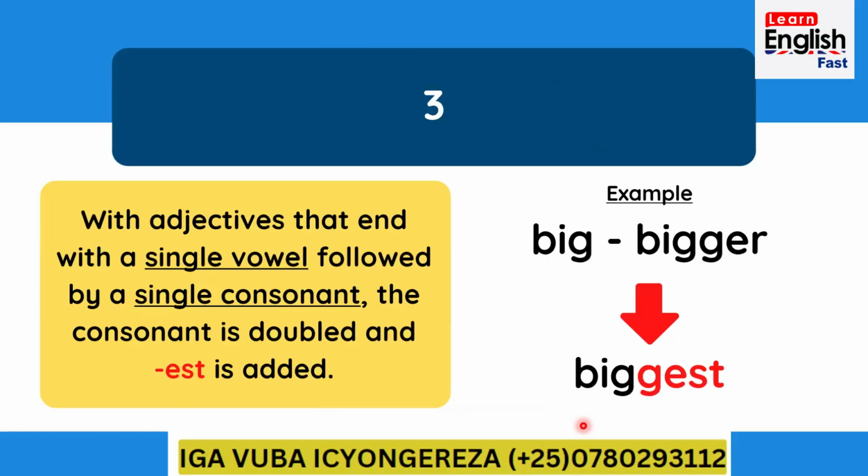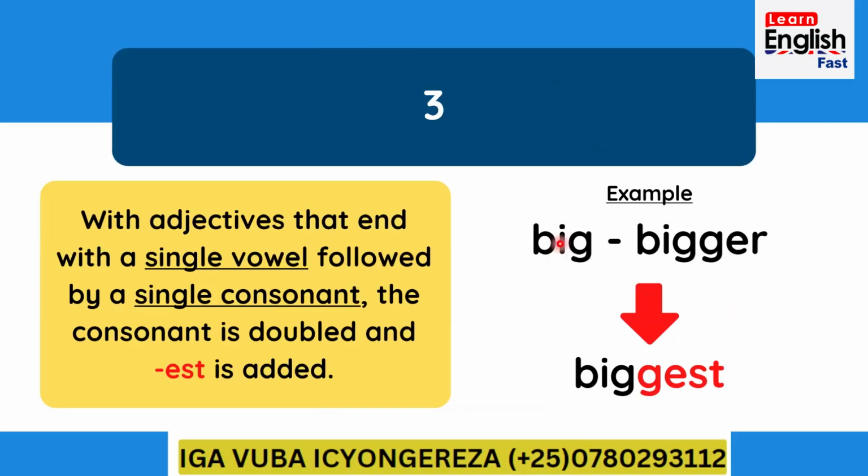now when we have single vowel, iyo dufite vowel imwe, iyo tugiye gukora muri comparative, when we have a single vowel, iyo dufite vowel imwe cyangwa se voyelle imwe, inyajwi imwe mu ijambo, noneho ni iyo voyelle cyangwa se iyo nyajwi ikaba ikurikiwe na consonant.